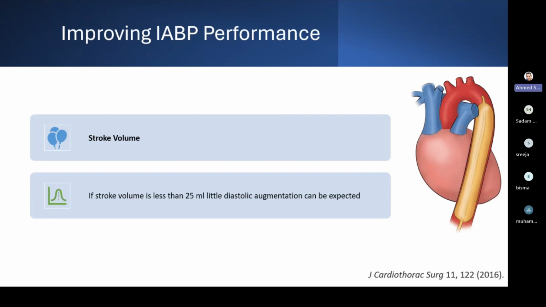As we said before, if the stroke volume is not matching the balloon volume, the patient will be unlikely to benefit from the intra-aortic balloon. And if the stroke volume is less than 25 ml with each cardiac cycle, there will be little diastolic augmentation during the balloon run.